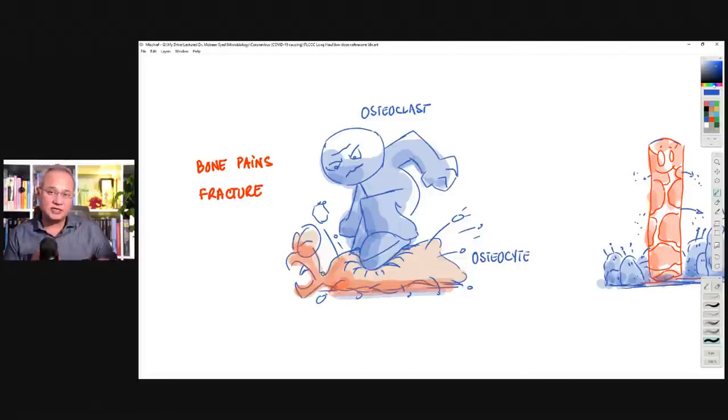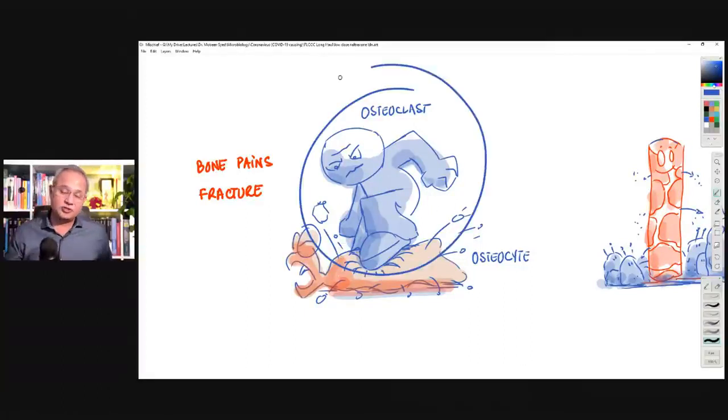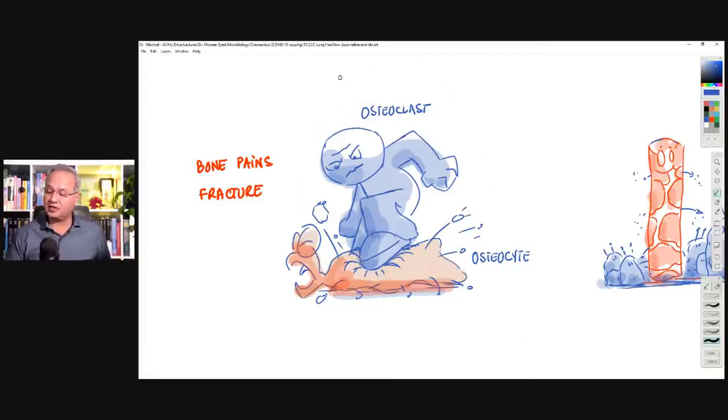Interleukin 6 activates osteoclasts. When the osteoclasts are activated, they cause bone pain because bones are now becoming weak. But they would not become weak the same day. It would take a few months, a few weeks. That is why some long COVID patients would not have problems right away.